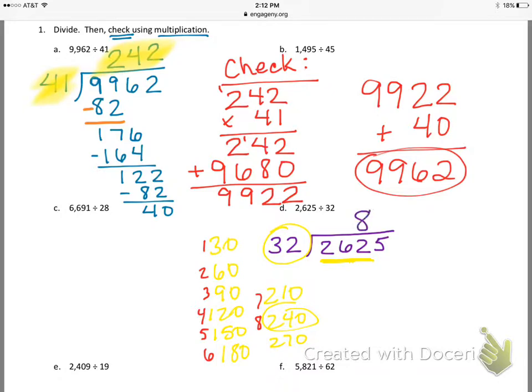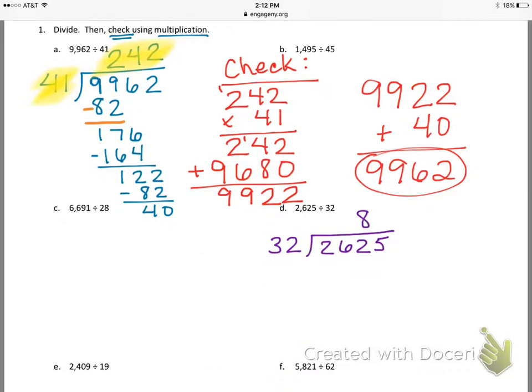8 tens specifically. When I multiply 8 times 32, I get 256. I do my subtracting, and I get 6.